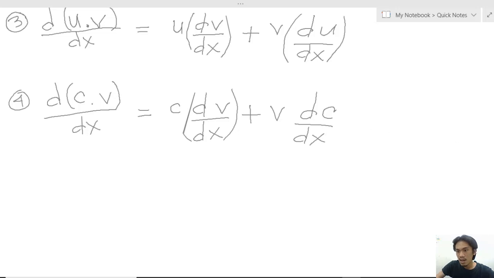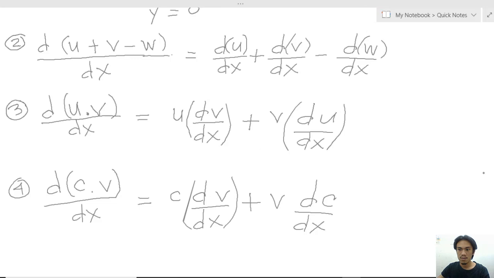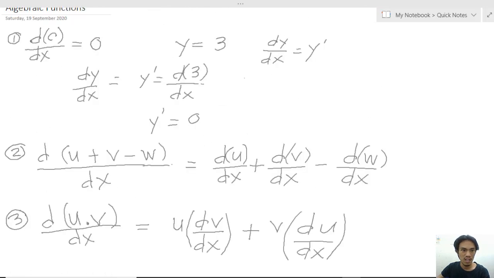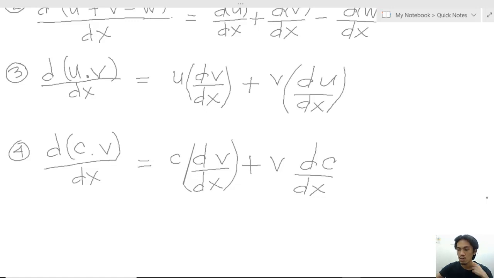But again, from the first formula, you will observe here, the derivative of a constant, again, with respect to any variable is equal to 0. So this is simply equal to 0. So any value multiplied by 0 is equal to 0.